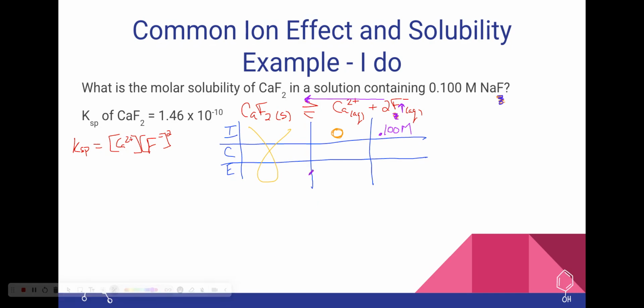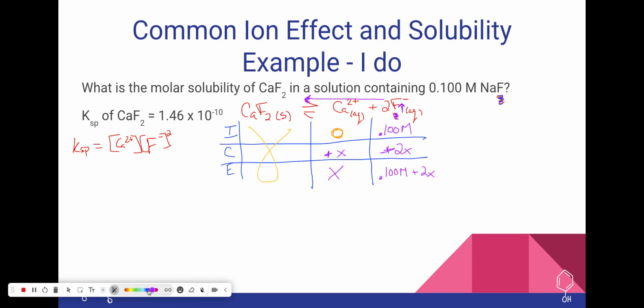So at this point, it just is a regular ICE box question, which means I'm going to solve this in terms of x. So when I do that, guys, I'm going to add x here, and I'm going to add 2x to my fluoride, okay? So we got x as our equilibrium concentration of calcium 2+, and we get 0.100 molar plus 2x for our concentration at equilibrium of the fluoride ion.